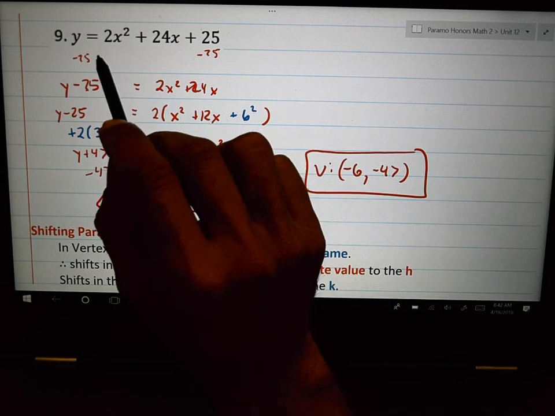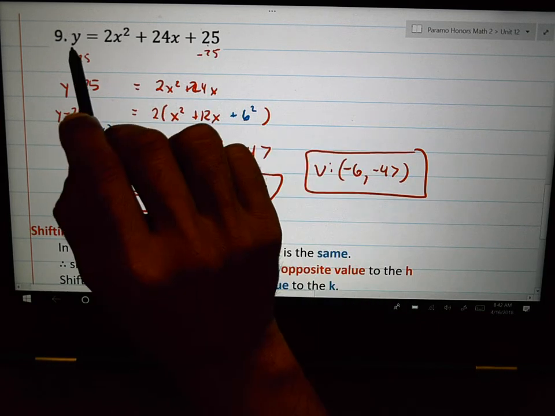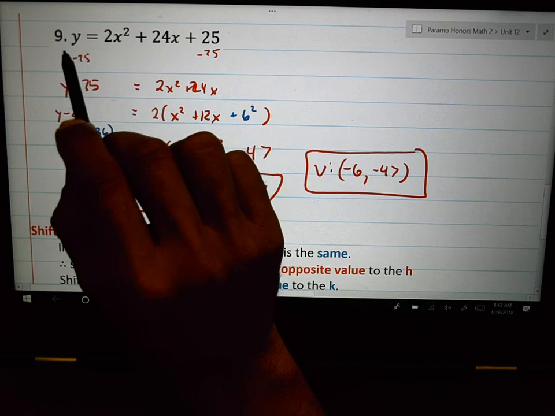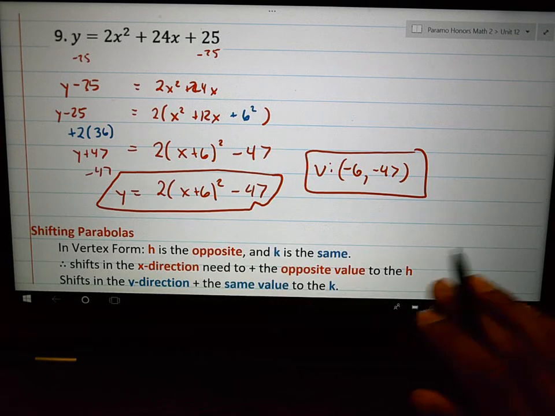Could you divide by 2, divide by 2, divide by 2, and take the y and divide by 2? Yes. You'll get the same answer as long as you divide everything by 2. I think this way is faster.